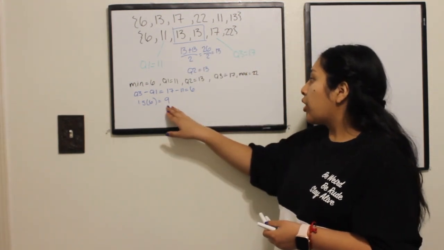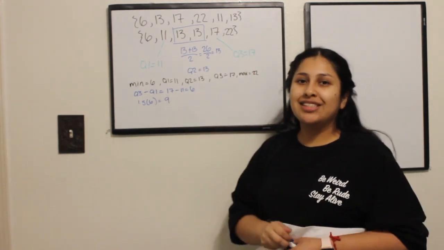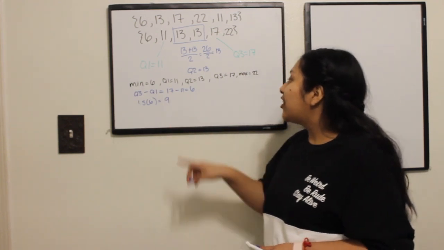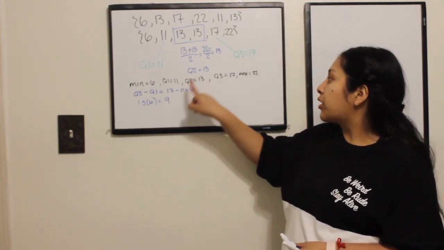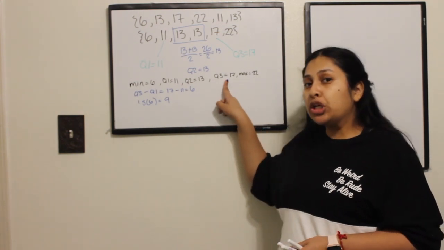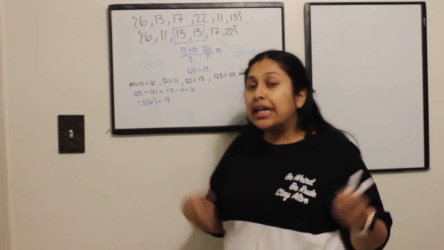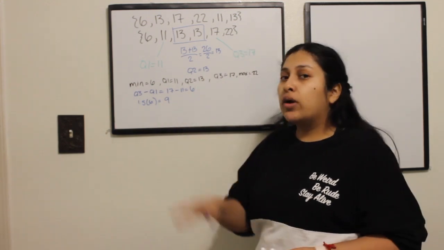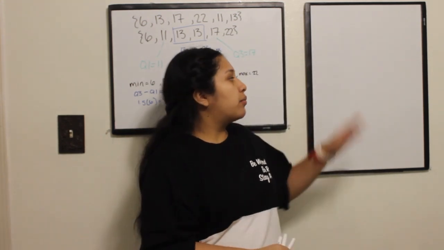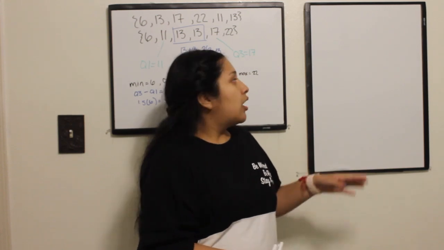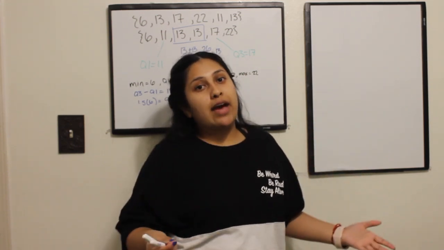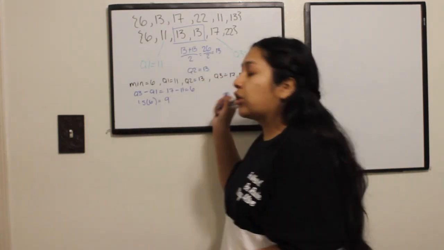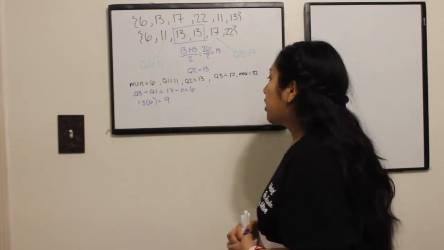After this, we're going to add our 9 to our quartile 3. This is what we're going to use to define our outliers if we have any outliers in our set. So once I'm done with this, we will do a box and whiskers chart or graph to determine if we have any outliers, and these numbers that we're going to do are going to determine if we have one.